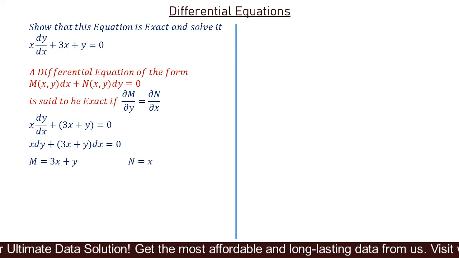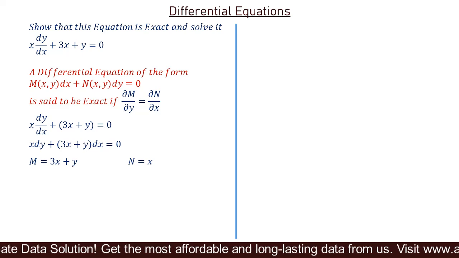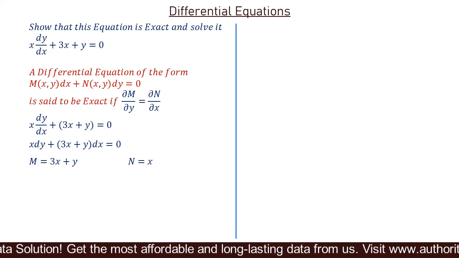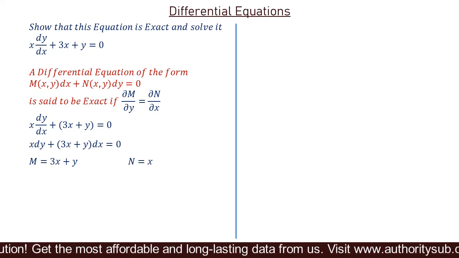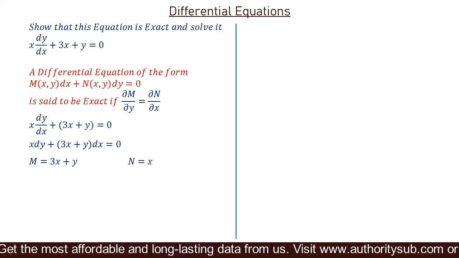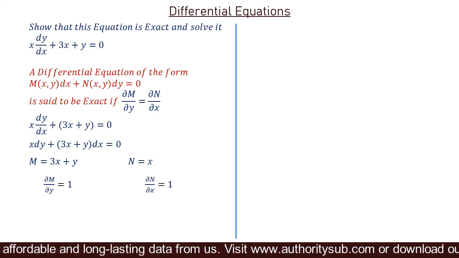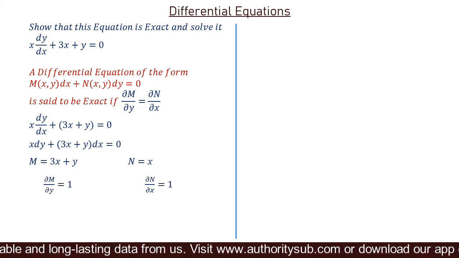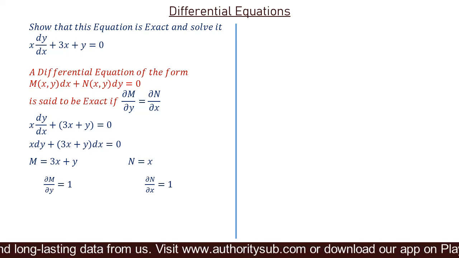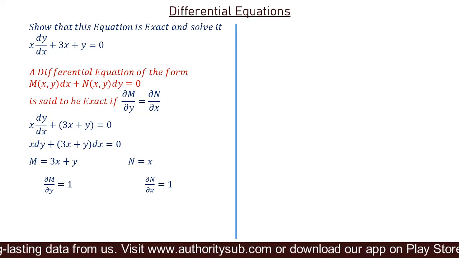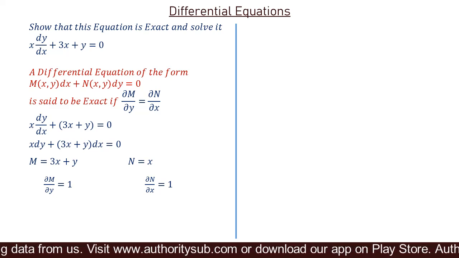So we are going to differentiate M partially with respect to y, and then N partially with respect to x. Now, going with that, we are going to see that the partial M over partial y is equal to 1. When you differentiate 3x with respect to y is 0. Then differentiate y with respect to y, 1.